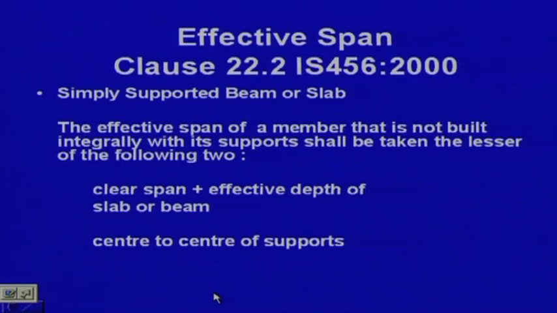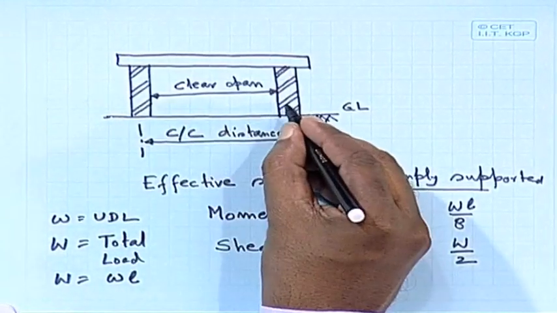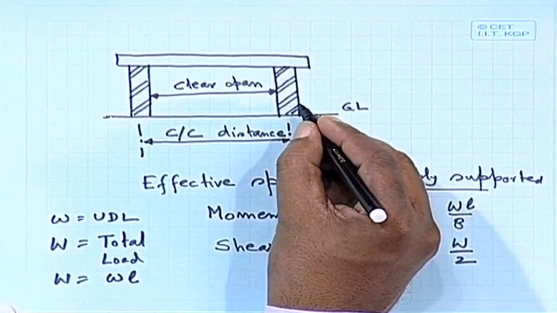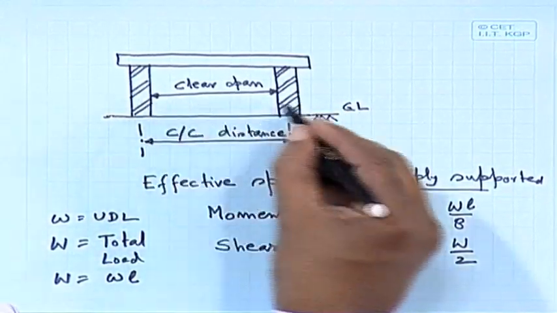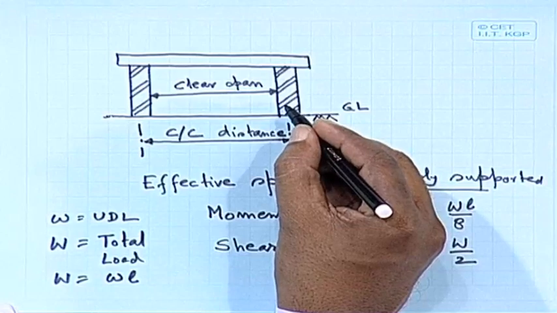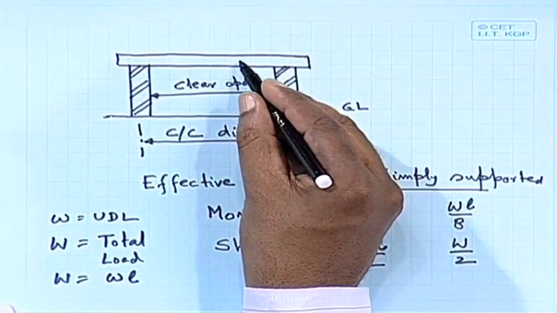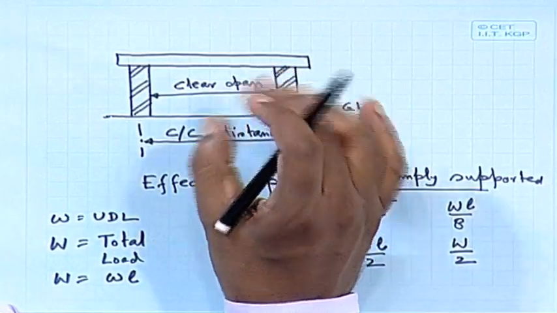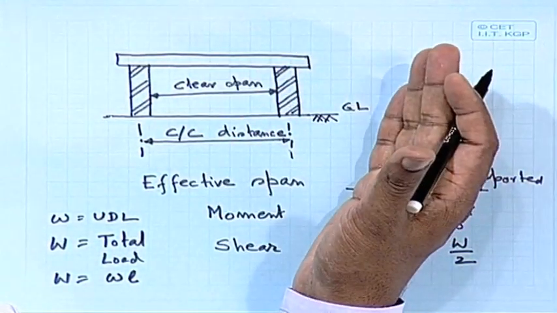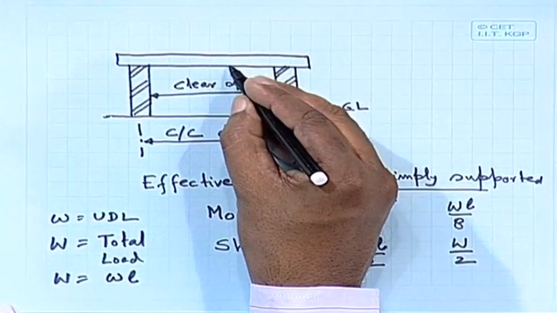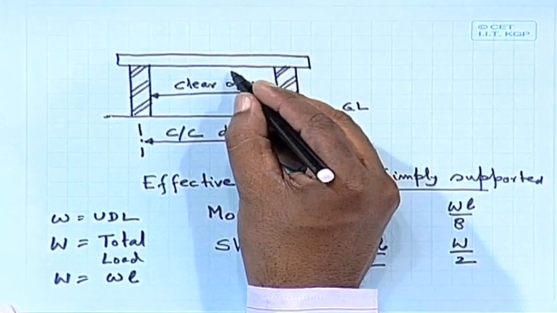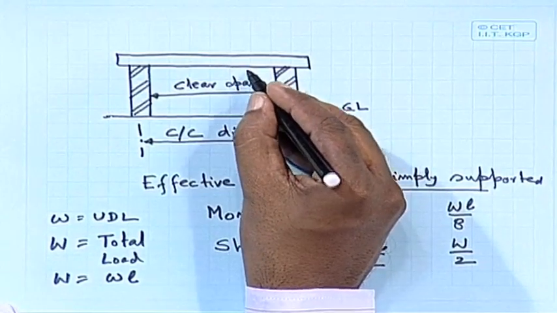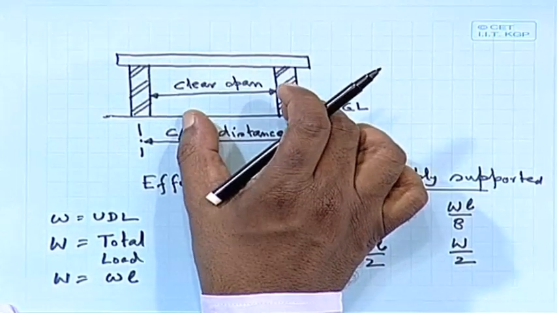Here, if we take, say, 250 millimeter as the width of the brick wall, then we can find the center to center distance. If the slab overall depth is, say, 125 millimeter, we can assume a certain depth, and on that basis go for calculation of effective span. If it is 125 or 150 millimeter thickness of the slab, we can calculate the effective depth and find the effective span.